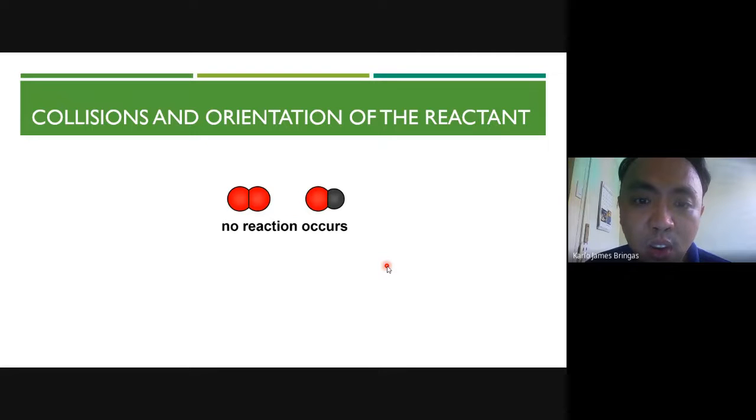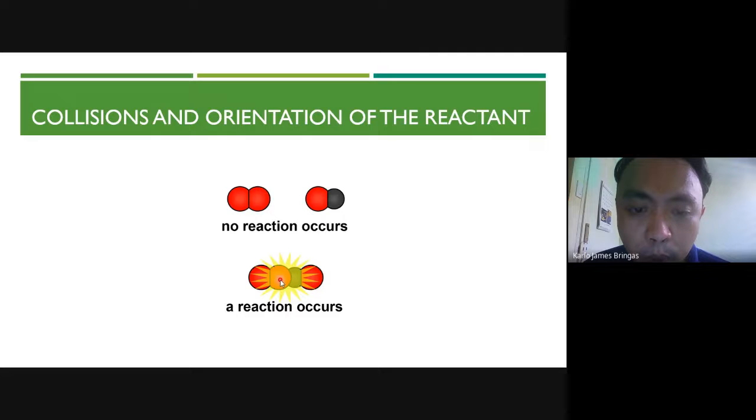In here, no reaction occurs since head-on nga sila, but in this case, the oxygen atom is not colliding with the carbon atom. While in this example, a reaction occurs because you have a carbon, the black one, properly colliding with the oxygen atom ng O2, so that they're able to form the products.